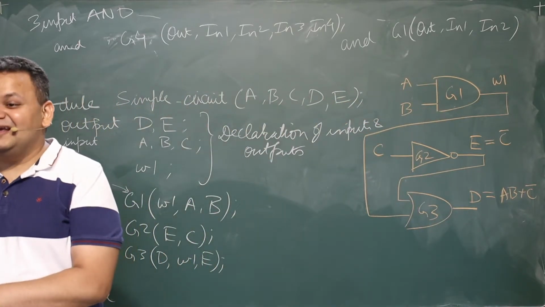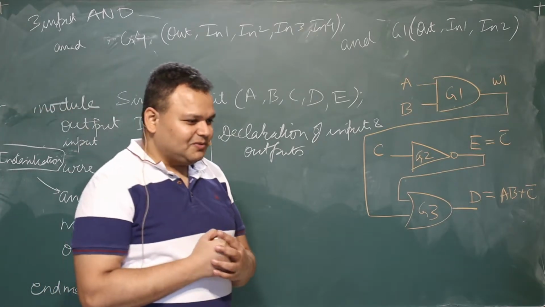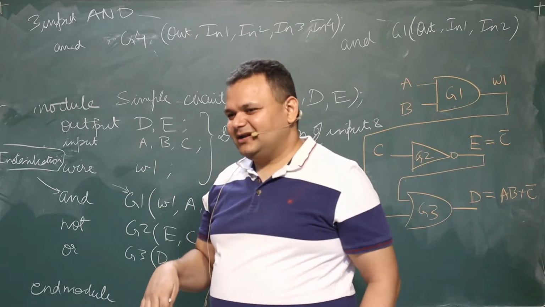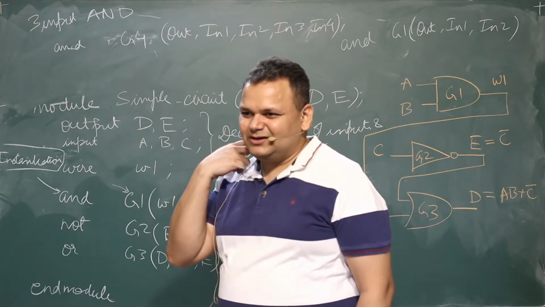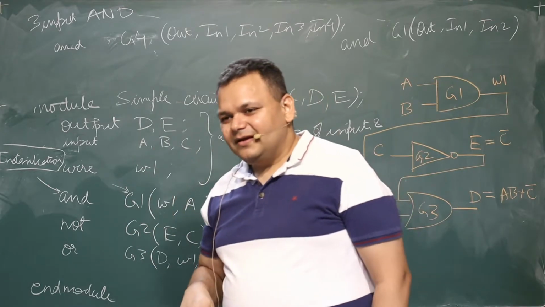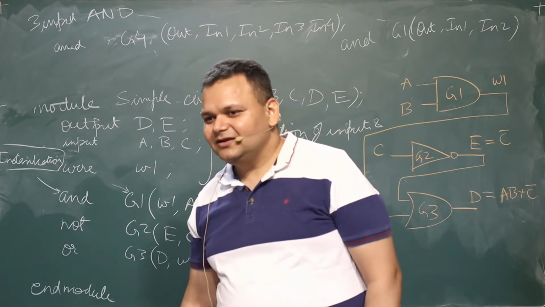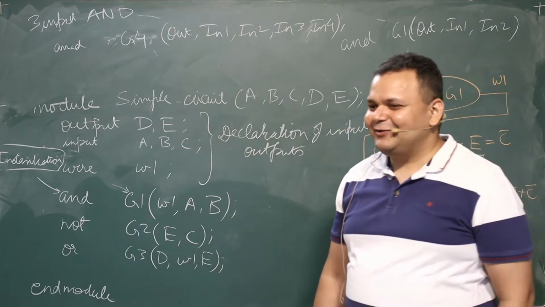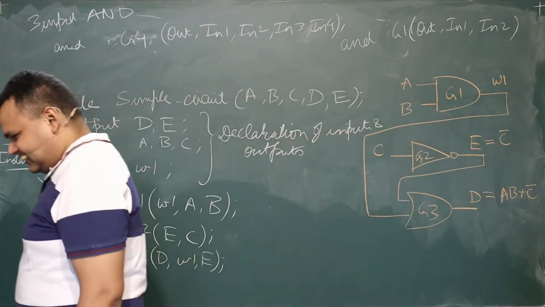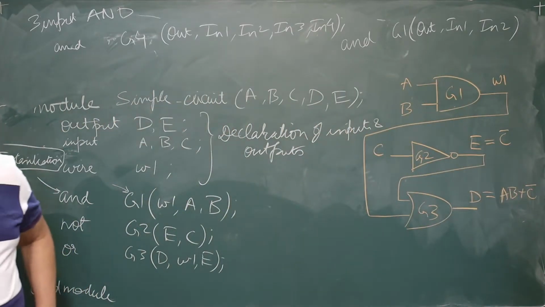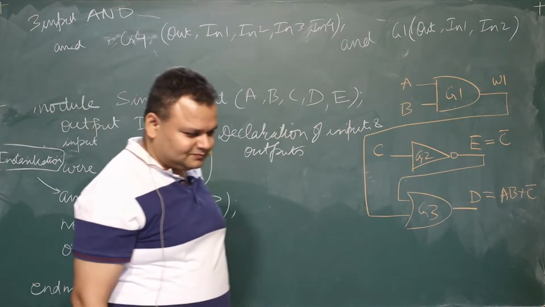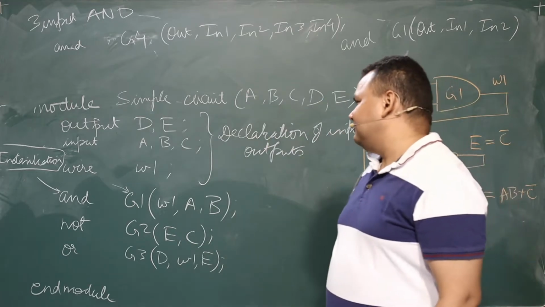The transition was happening instantaneously. Do you remember the output? Yes, sir, it was an instantaneous change, but in reality what is going to happen? There would be time delay in the gates.